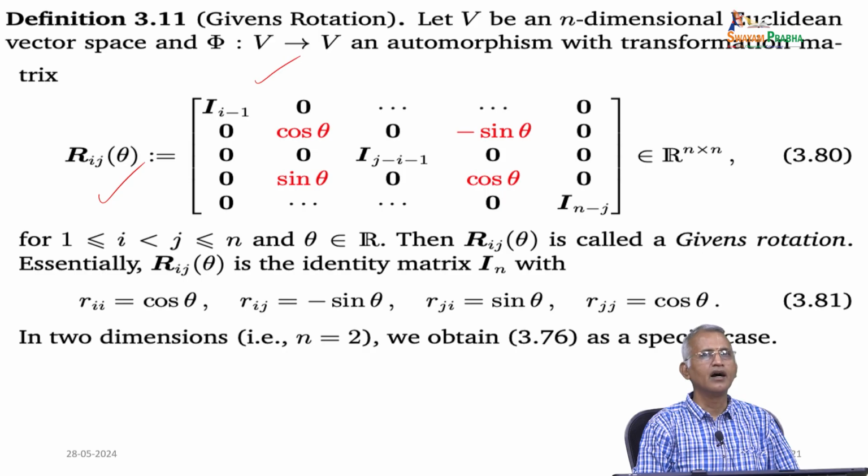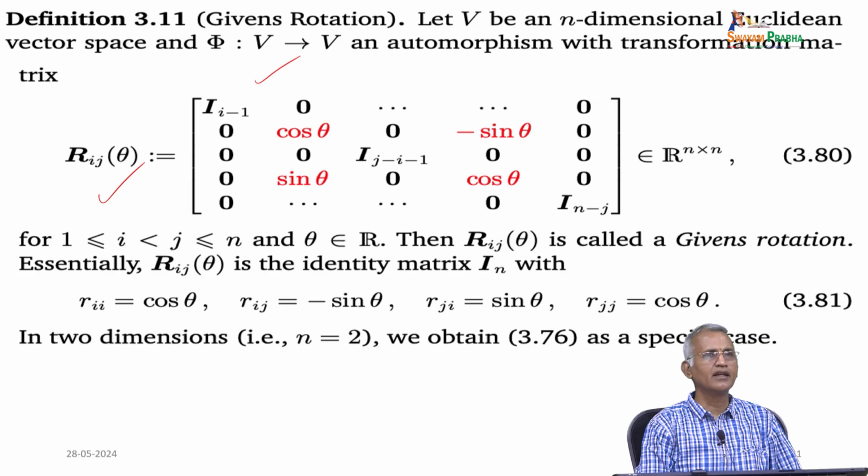If you fix i and j, the identity is kept elsewhere. Go ahead with the second row, third row, fourth row and so on, and this can be expressed as an n cross n matrix of generalized form. It will be very helpful to understand how to rotate in n dimensions, so that you can easily understand the beauty of ML and AI in terms of rotation.